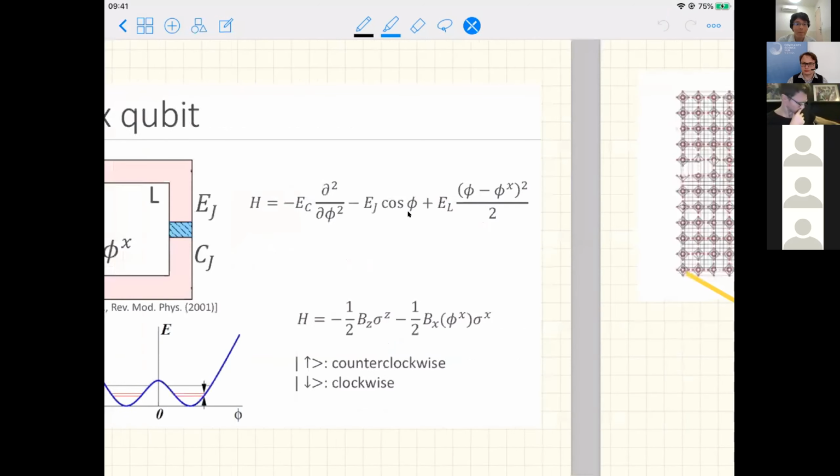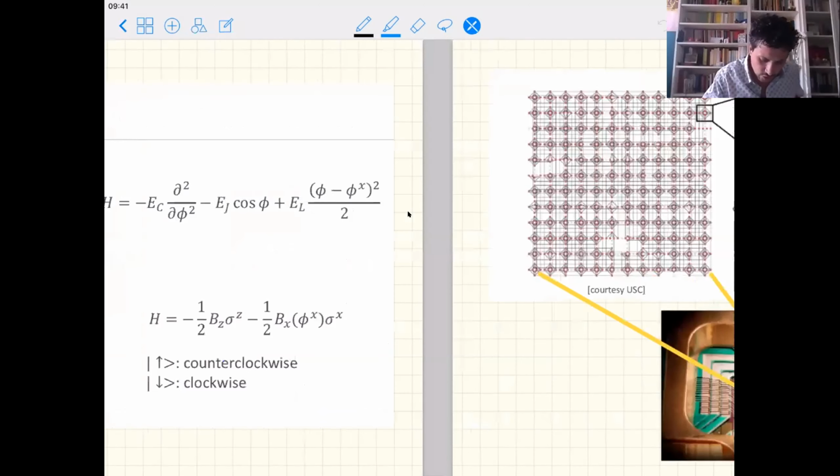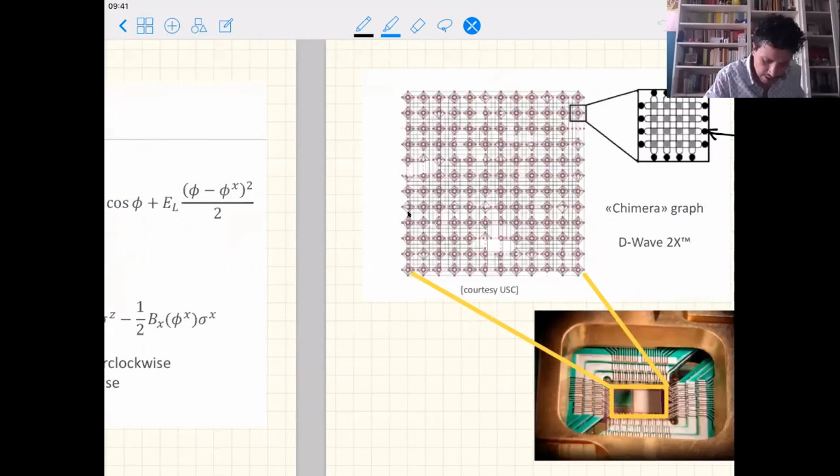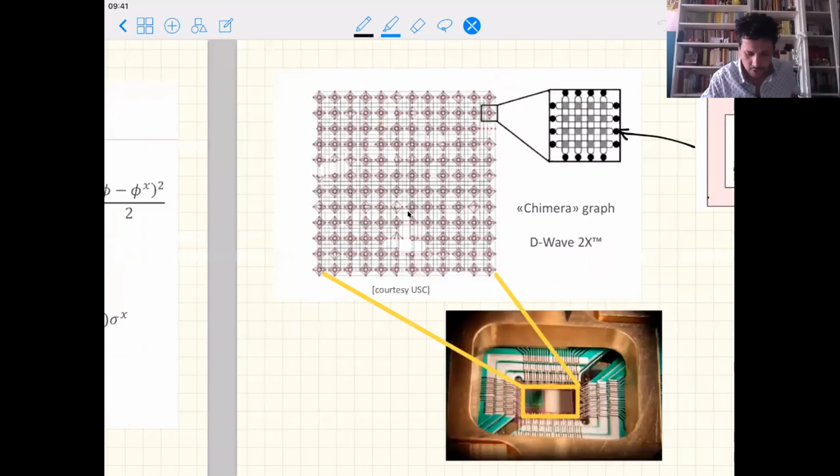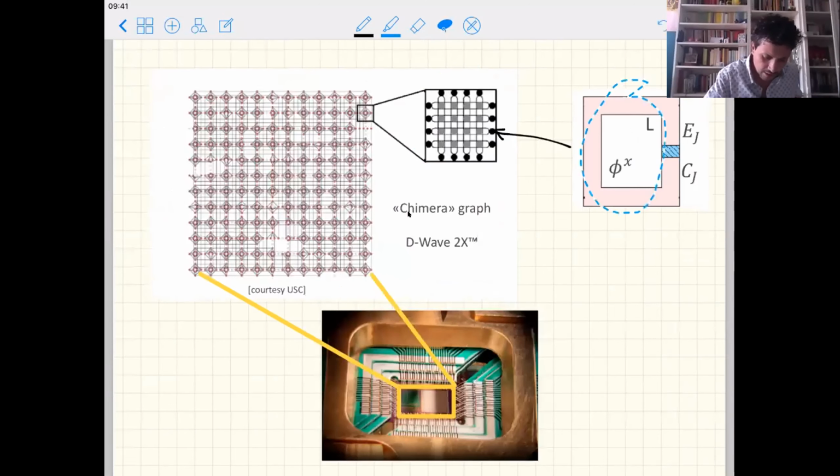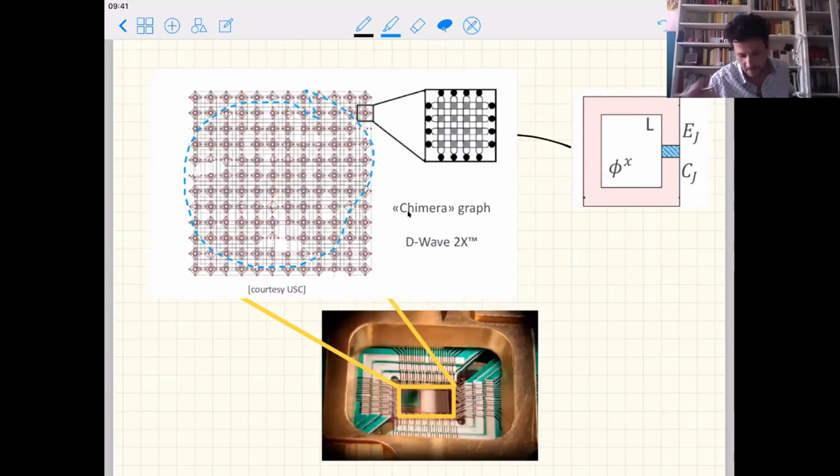Just to give you an idea, the chip is organized in plaquettes, which are this guy here, composed of a certain number of flux qubits, and then the plaquettes are linked one to another forming a graph, which is called the chimera graph in this specific implementation, and that's what is patterned in the chip.